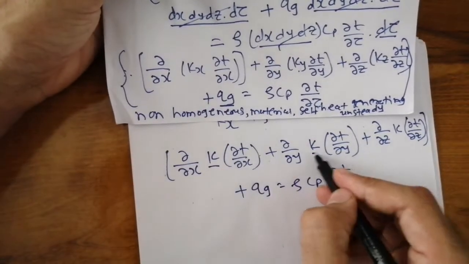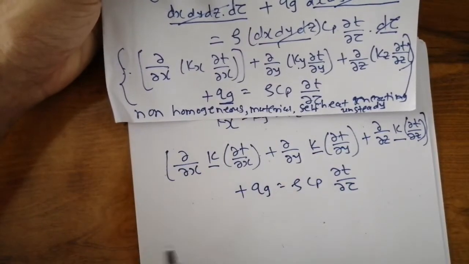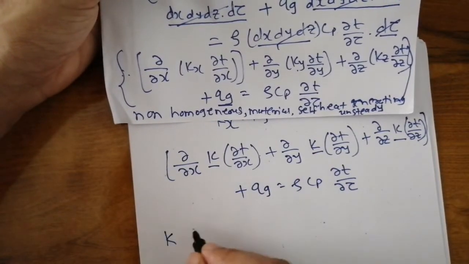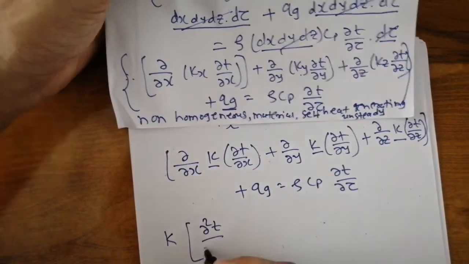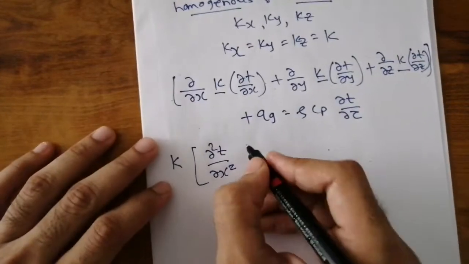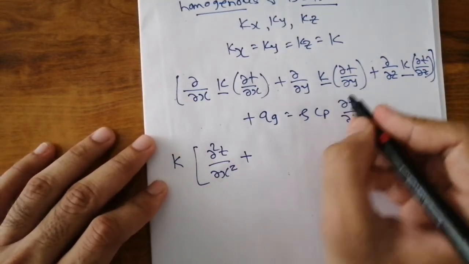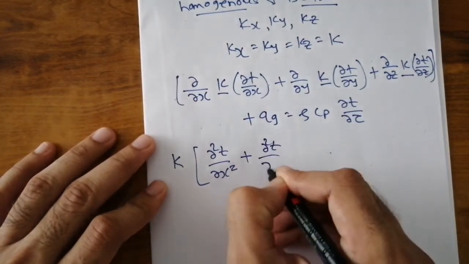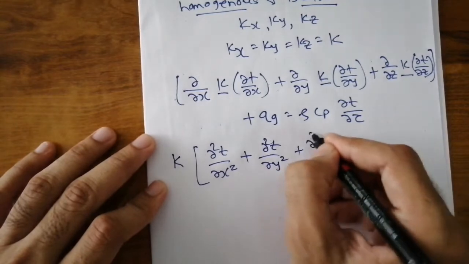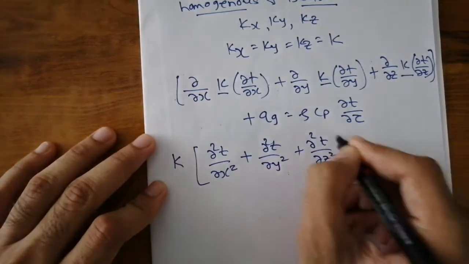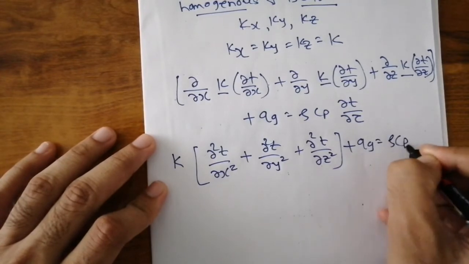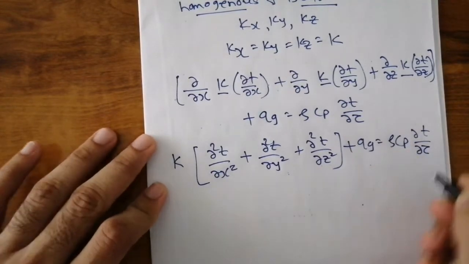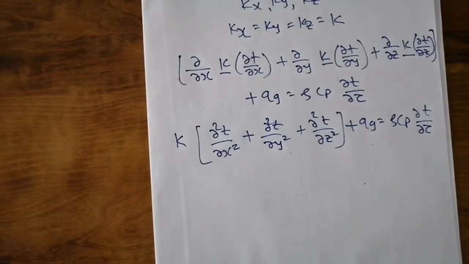Now we take k common and outside, so k del square T by del x square plus del square T by del y square plus del square T by del z square, plus qg is equal to rho cp del T by del tau.